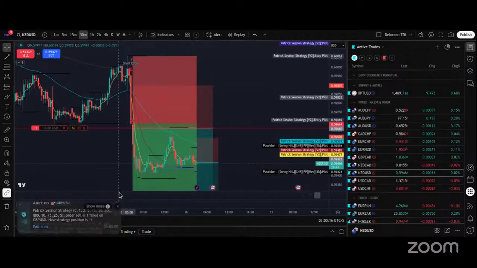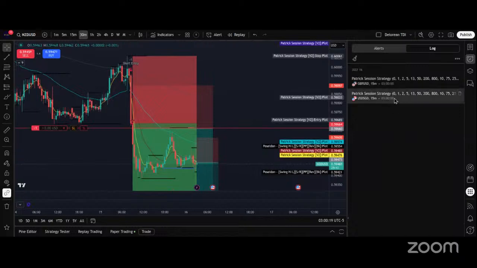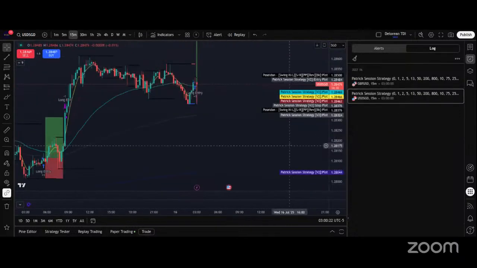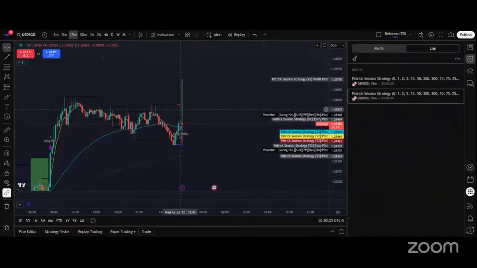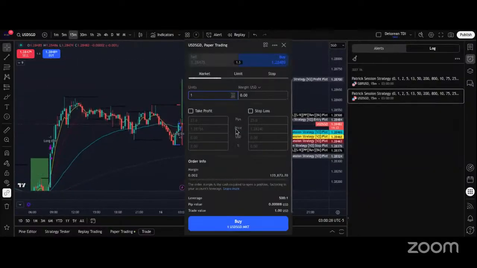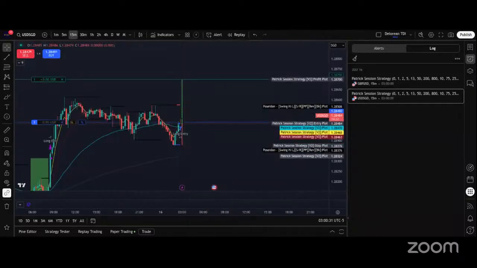Alert. Let's take a look at what we've got. We've got a buy opportunity on the United States dollar versus Singapore dollar. It's going to be a buy to 1.287.